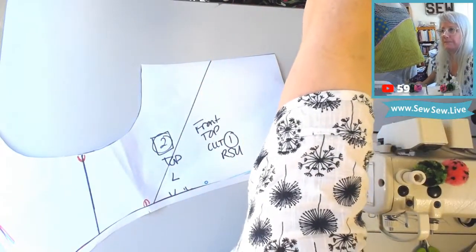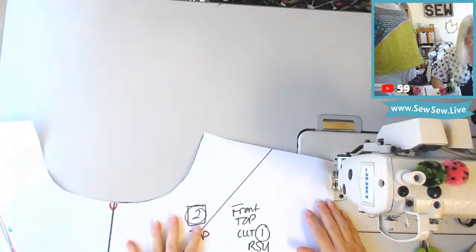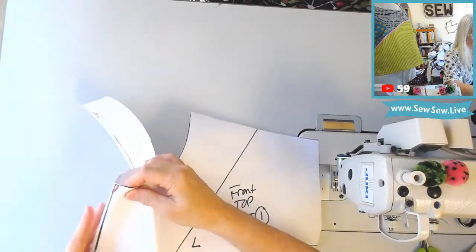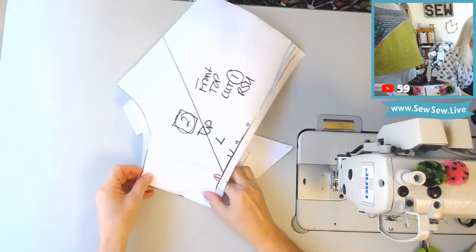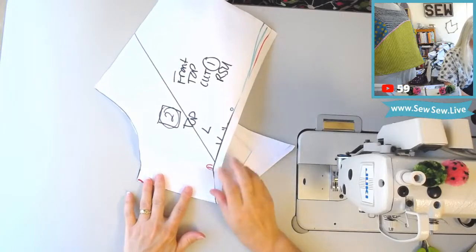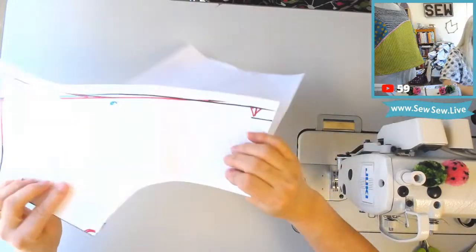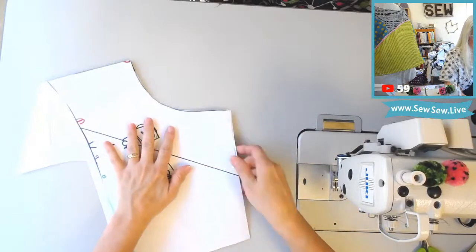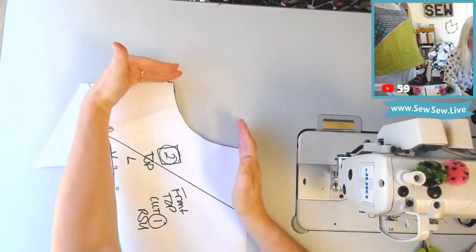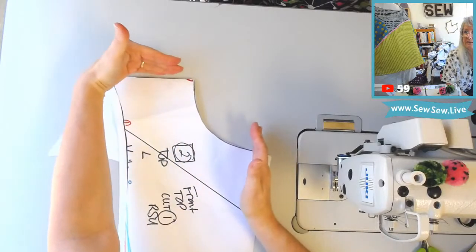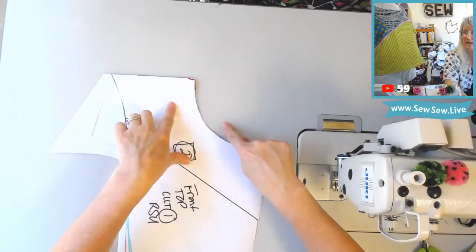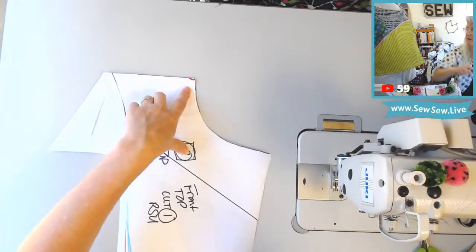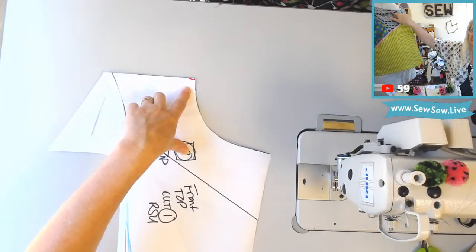So, all right, if you wanted to bring in the neckline, what I would do, this is the center front right here, this fold, right? And here's my shoulders. You're going to continue your center front line, right? This is the fold. Here's your neck. So this point right here is this point right here, okay?